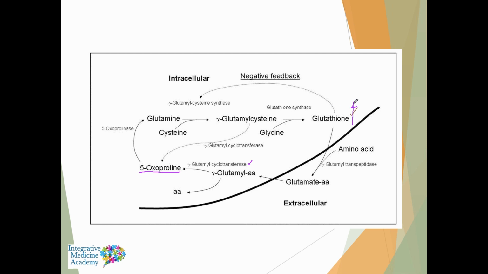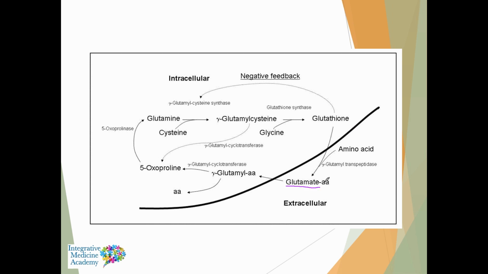So if we have normal glutathione, our pyroglutamic will be normal. If we happen to have low glutathione, our pyroglutamic will be high, and the main reason is that low glutathione will often force more substrate into this pathway to make up the difference. There are some genetic factors that can be linked to glutathione deficiencies as well, such as a glutathione synthase deficiency, and these tend to be more rare genetic disorders.